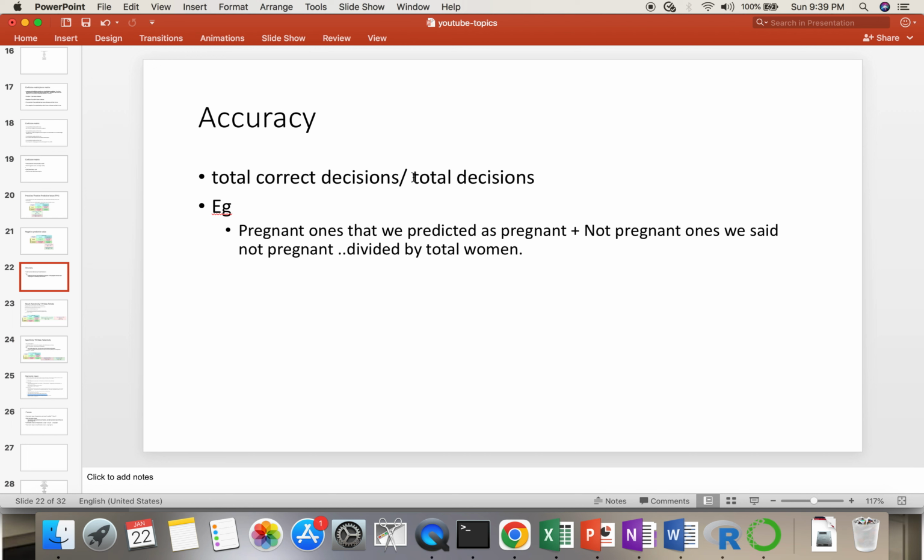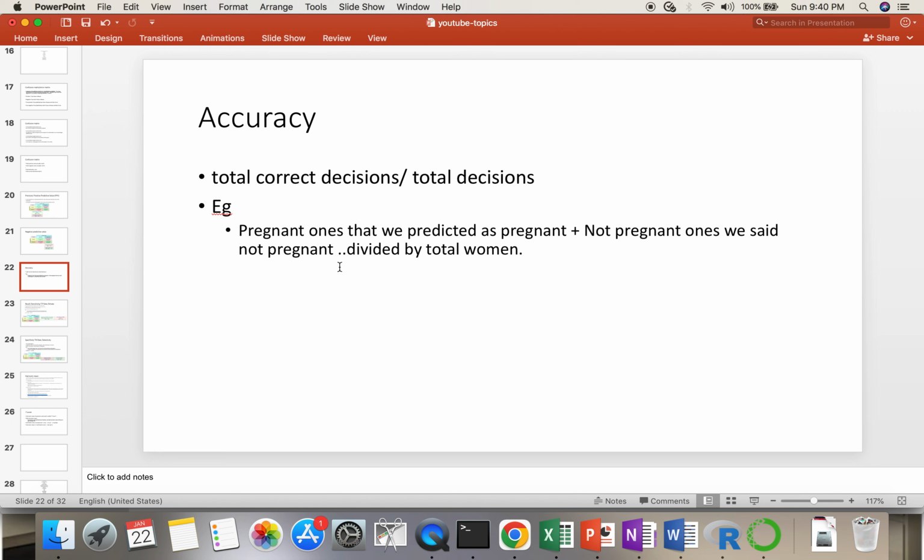Accuracy is total decisions, whatever total decisions we made, it is positives plus negatives. And on top of that, we put total correct decisions we made, that is true positives plus true negatives. That will give us accuracy.